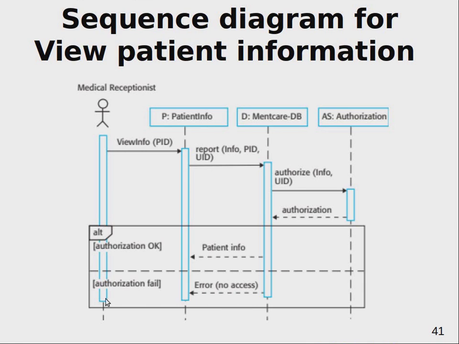What is missing here, of course, is that something should be shown back to the receptionist user here. Otherwise, he or she actually doesn't understand what happened in this system. So these rectangles on top of many lifelines show these different kinds of modes of operation.